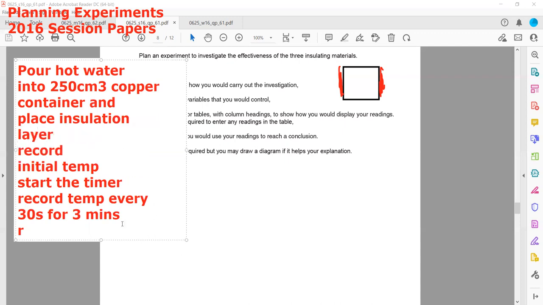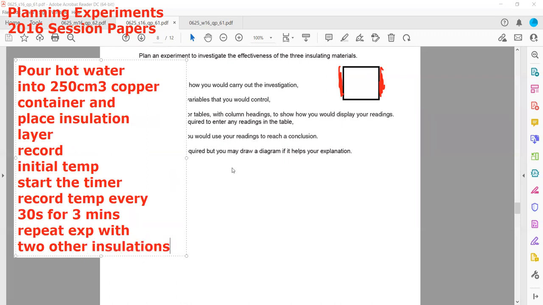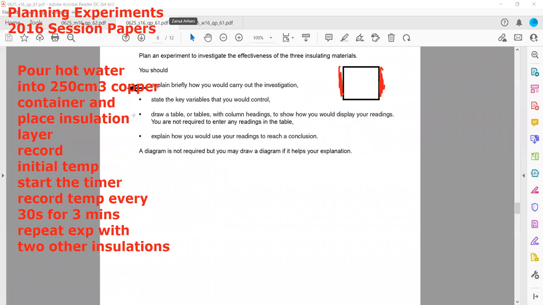We'll record the initial temperature, start the timer, record the temperature every 30 seconds for 3 minutes, and then we'll repeat the experiment with the 2 other insulators or insulations. This was the procedure.